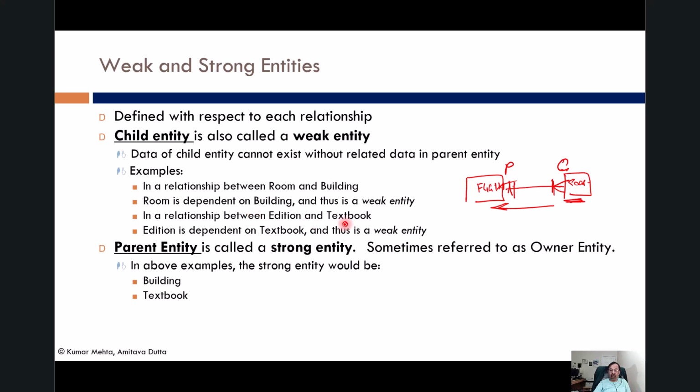So you have a one-to-many relationship from textbook to edition, and textbook would be the strong entity, the parent entity. In the prior example, the relationship between building and room, building is the parent, room is the child. So building would be the strong entity, and room would be the child entity, a weak entity.